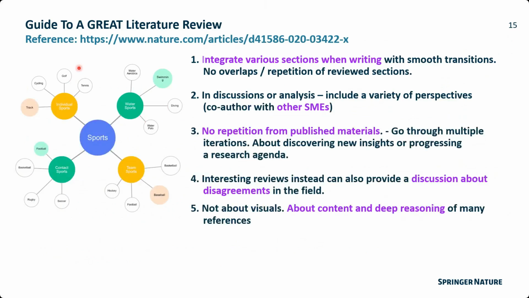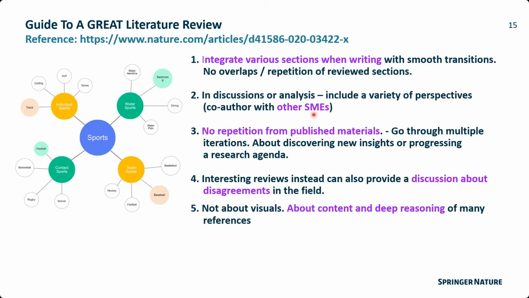Another great tip for literature review is that we found from an editor who published in Nature that there is no overlap or repetition of the review section. You can use a source to back up your statement. One is enough. You don't have to go more than one time. And then include a variety of perspectives.